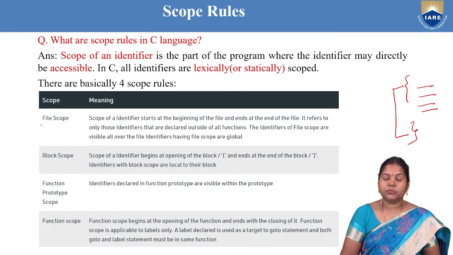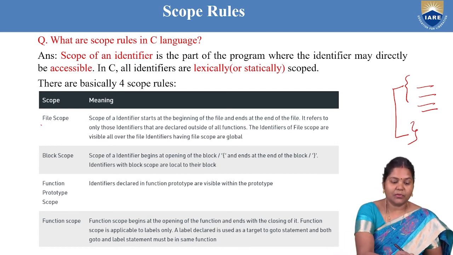Identifiers within block scope are local to their block, so outside the block you cannot access those identifiers. Next is called function prototype scope. Identifiers declared in a function prototype are visible within the prototype only. The scope is not global, and they are not accessible or visible outside it.